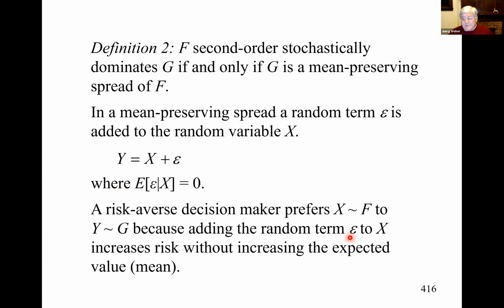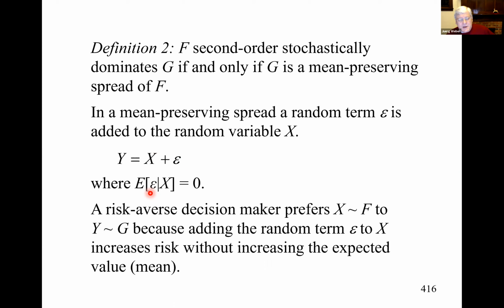So adding the random term epsilon to x increases the risk. It increases the standard deviation without increasing the expected value, the mean. So the y variable has a bigger standard deviation, it has a bigger risk than the x random variable, because we have added another random variable to it, with a mean of 0.